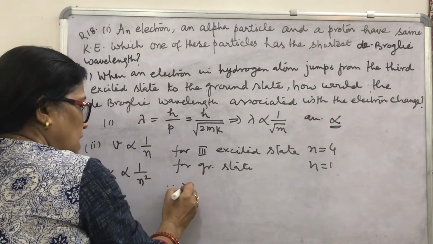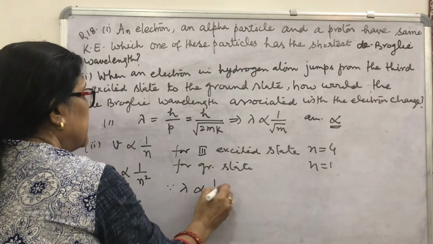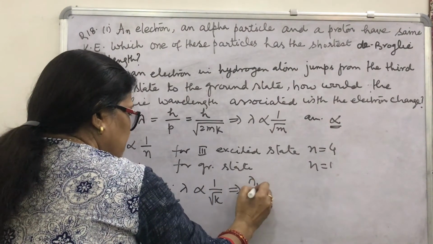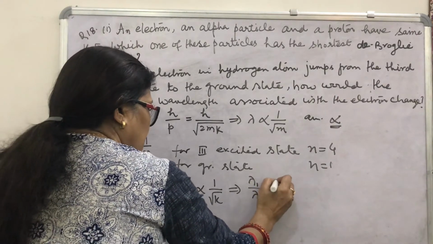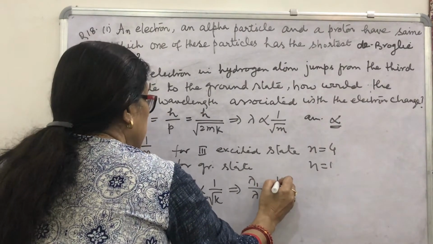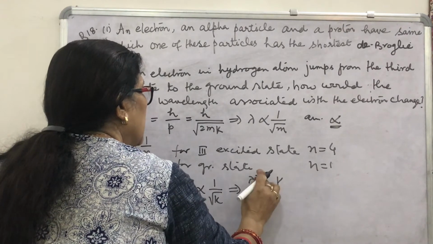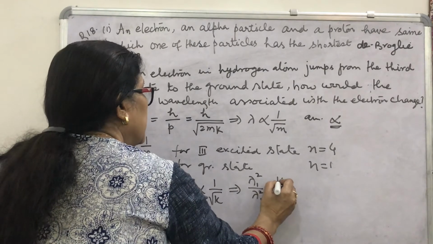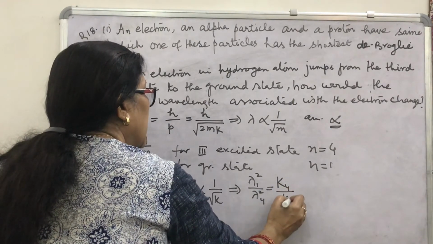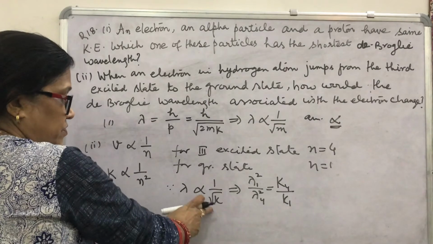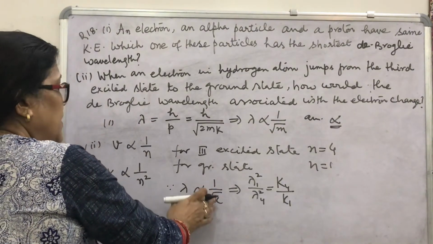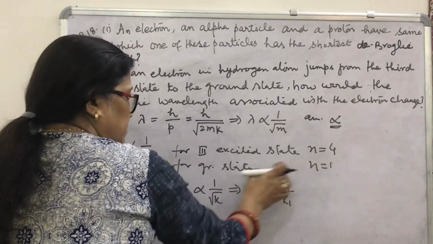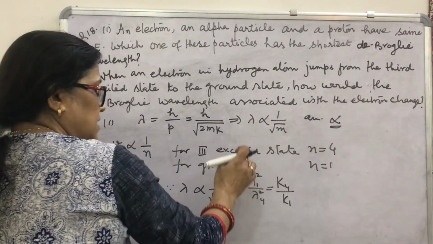We have seen lambda is inversely proportional to root K. This expression gives you lambda 1 upon lambda 4 equal to this; if you take the square, then you can write this will be K4 upon K1. Here, for the first, n equal to 1 for the ground state, n equal to 4 for the third excited state.